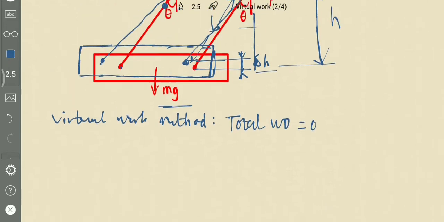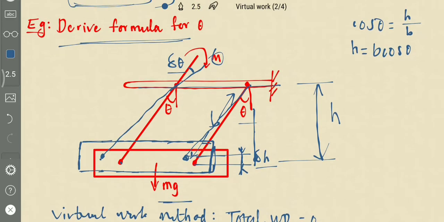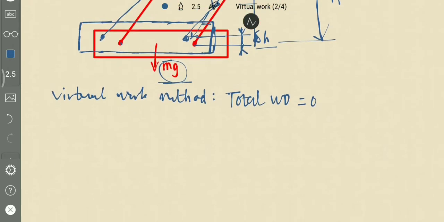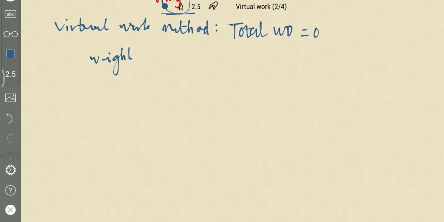In this system, work can be done by the force mg, and work can be done by the moment. So there are two types of loads. One is the weight of the body, and the other is moment m.